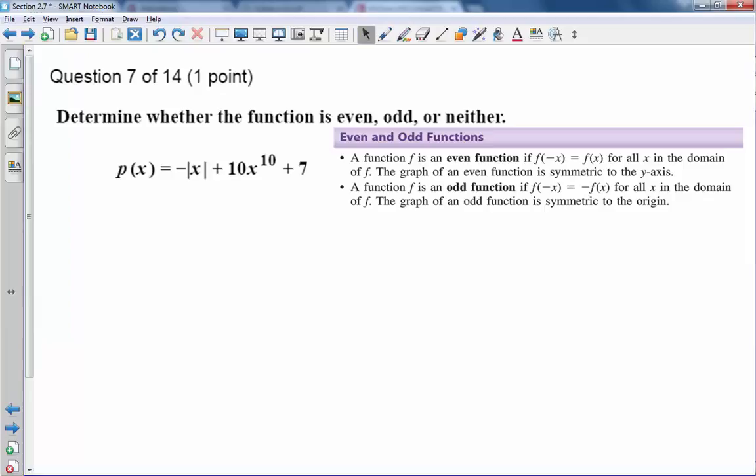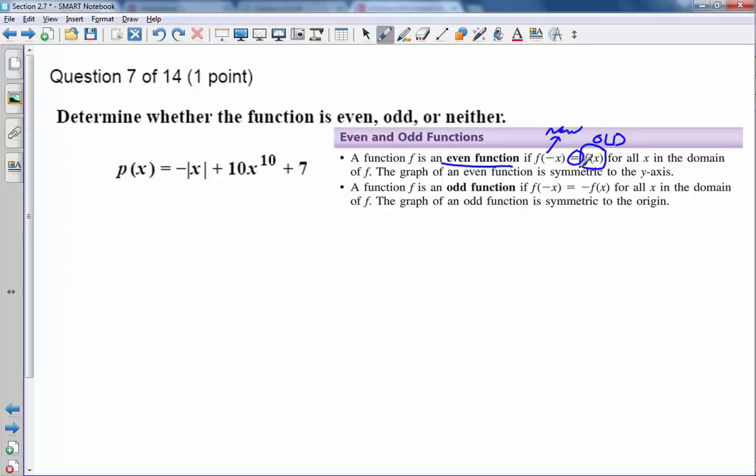Okay? Alright. Here is the formal definition of evenness. This is the old equation. You replace x by minus x, and this is the new one. It's nothing different. We've done this. You replace all x's by minus x, get a new equation, and compare it to the old one.